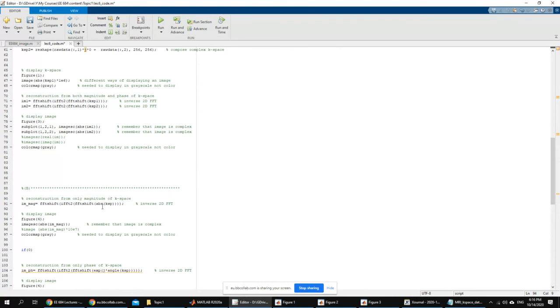The absolute value will take each one of the points inside the k-space and compute the magnitude, and then do the Fourier transformation exactly the same way and display it. Let's see what comes out of that.